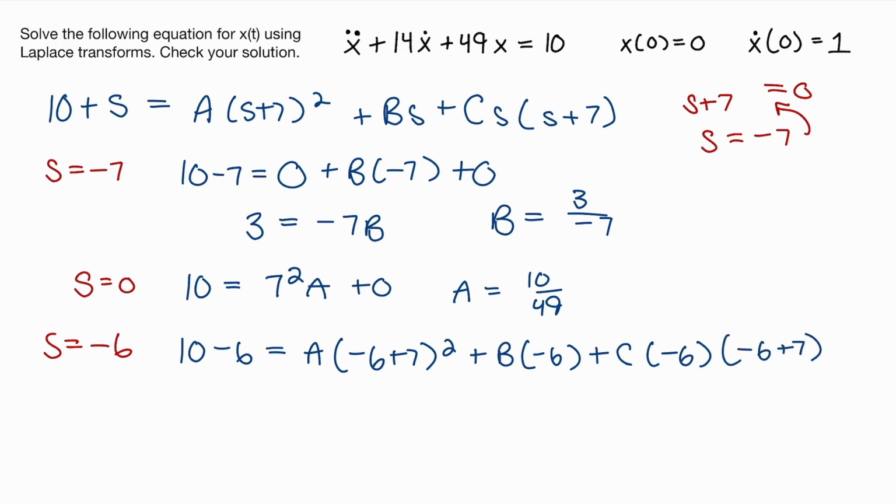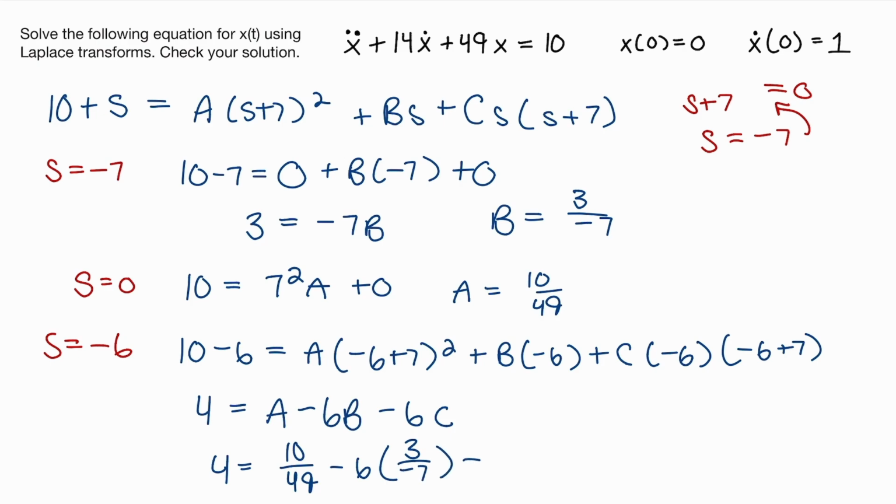There we are. So we'll end up with 4 equals, and negative 6 plus 7 is 1, so it'll just be A minus 6B, and then negative 6C. We already found A and B, so we can plug those in now. So 4 equals 10 over 49 minus 6 times negative 3 over 7, minus 6C.